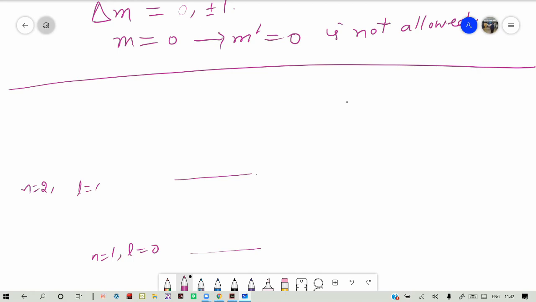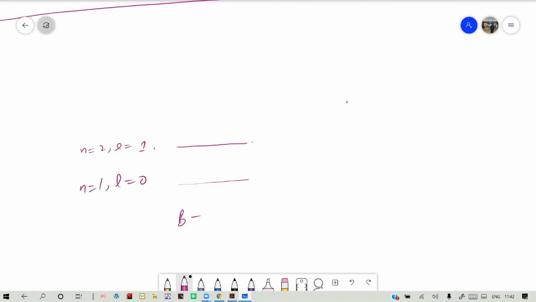So I can write it here, or we can write it a bit below here. This is B equal to 0 here. Let's take B not equal to 0 on this side.